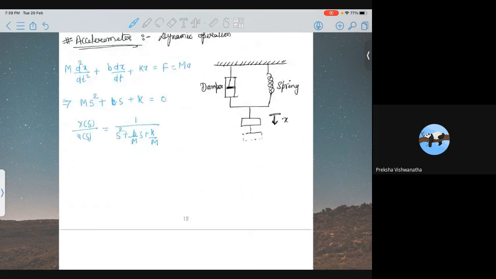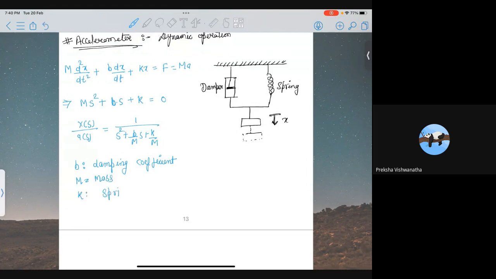Okay, where b is damping coefficient, m is mass, and k is spring constant. This is how we can write this equation.